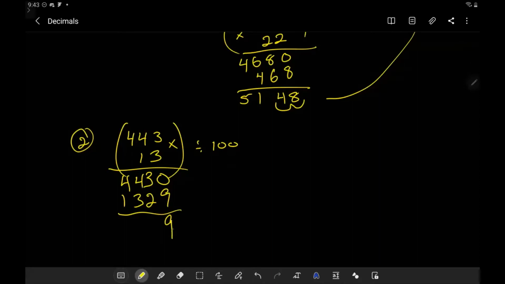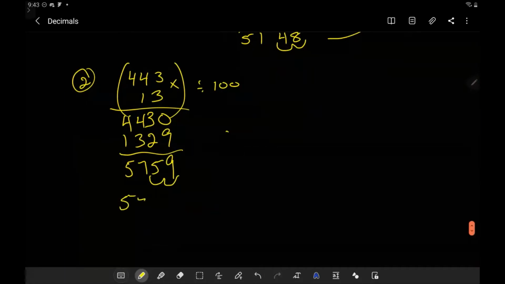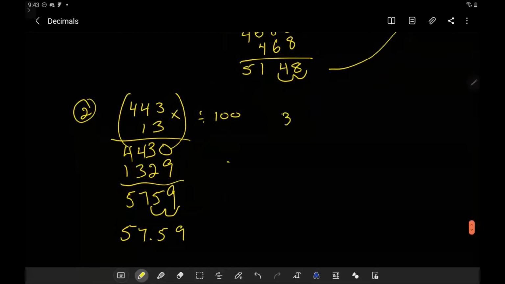Adding up, we have 9, 5, 7, 5. Divided by 100, we have 57.59.